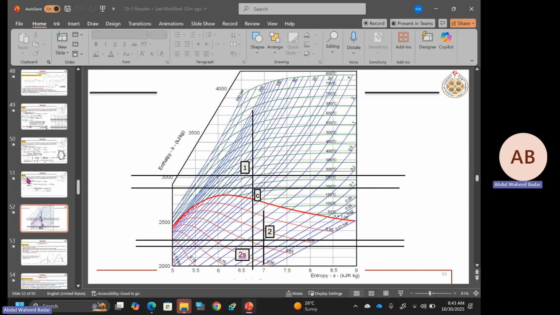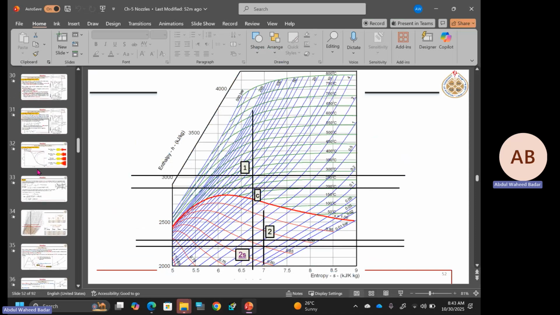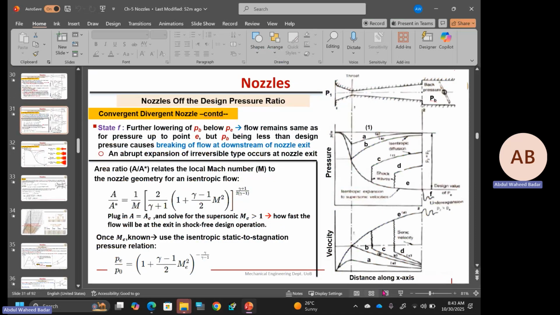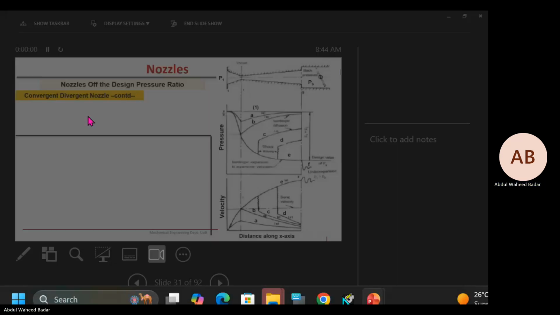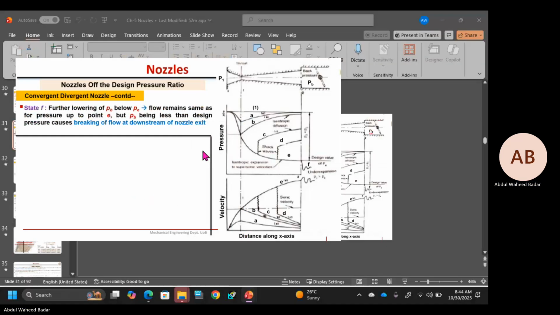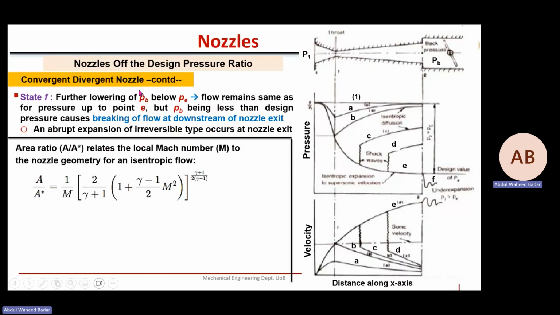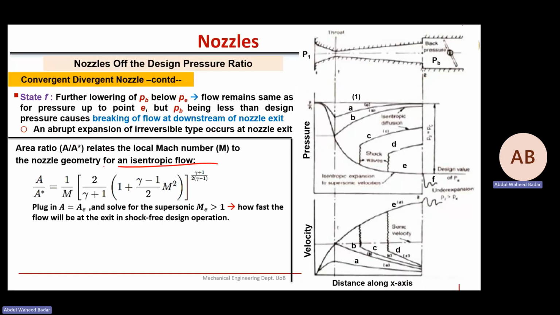So that's okay. Last time I just wanted to show you one equation here to have shock-free flow through a nozzle. There is one equation which you can find in aerodynamics books, not in this book here. Here is that equation.